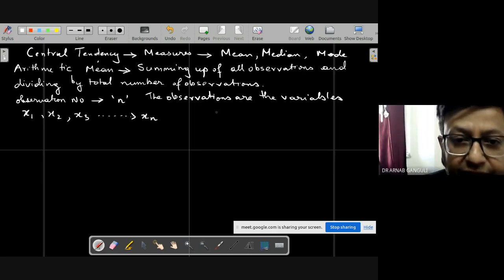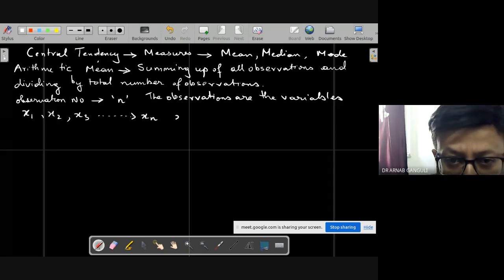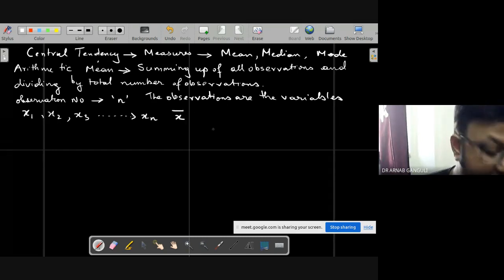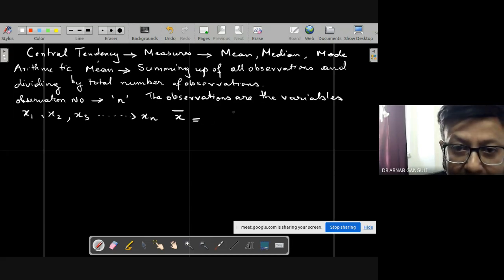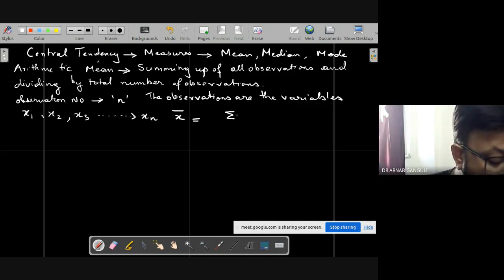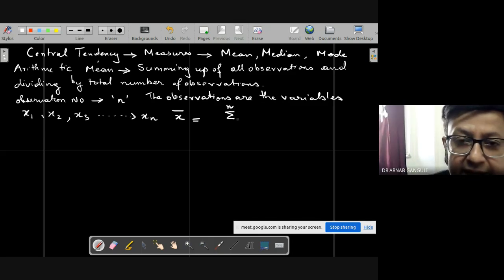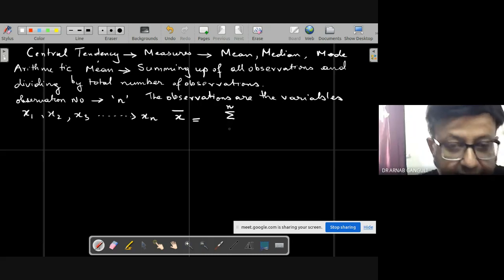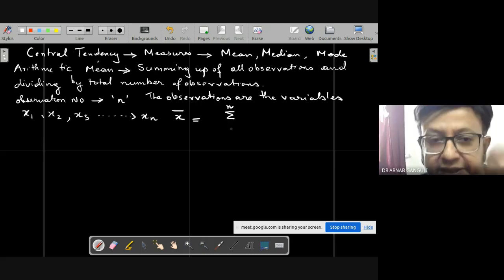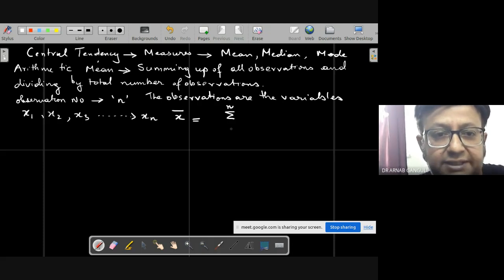So the symbol of arithmetic mean is x bar. This is equal to sigma, the summation, over the total number of observations n. Each x observation increases by 1: x1, x2, x3, x4.